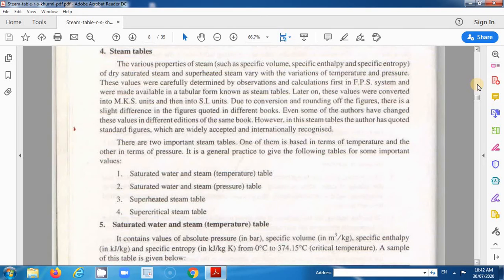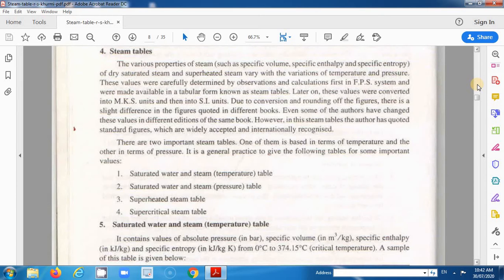There are two important steam tables. One of them is based on temperature and the other on pressure. So the pressure based steam table and the temperature based steam table, these are the two steam tables. It is generally practiced to give the following tables for some important values.